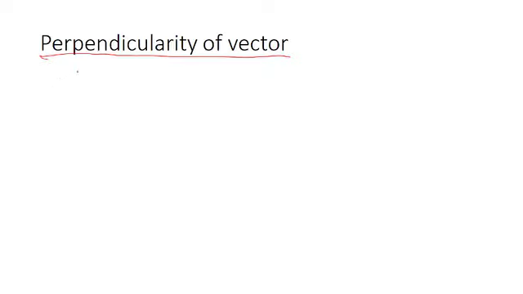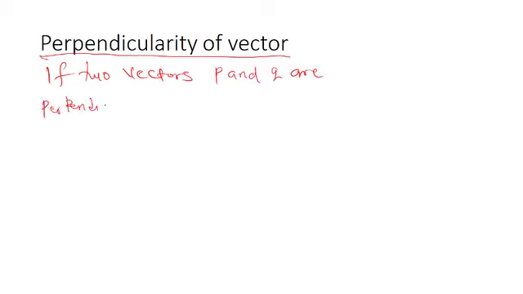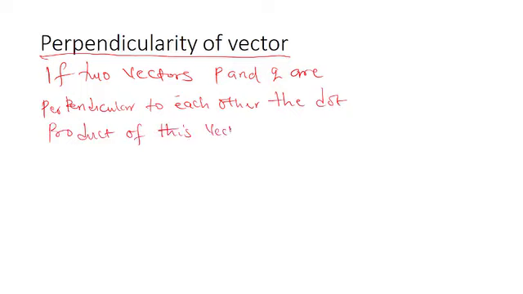And the law of perpendicularity states that if two vectors, let's say P and Q, are perpendicular to each other, the dot product of these vectors will be equal to 0.